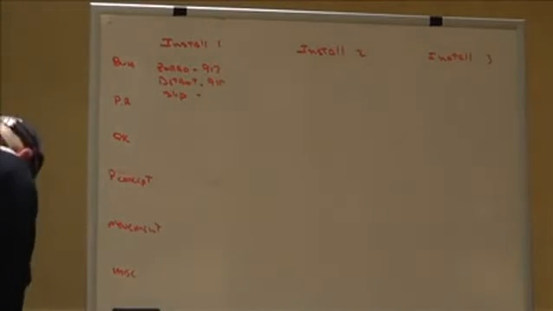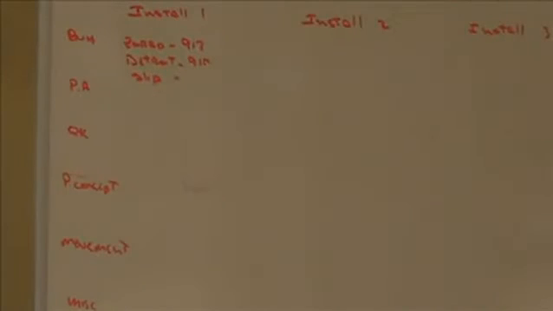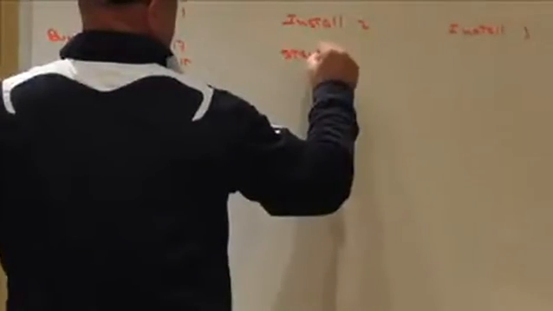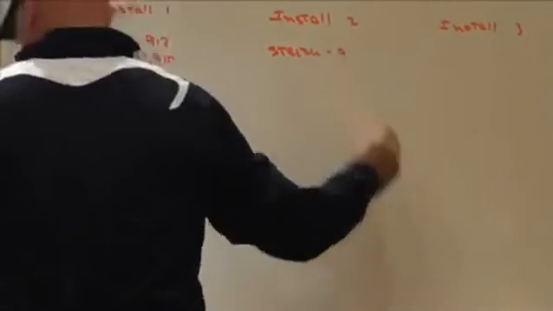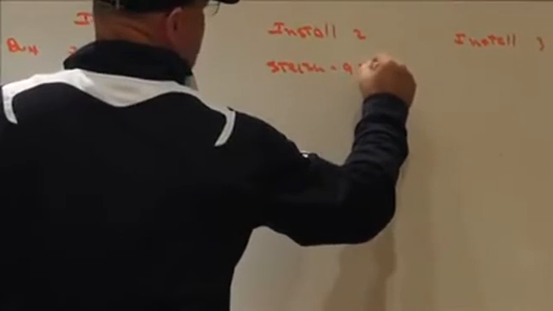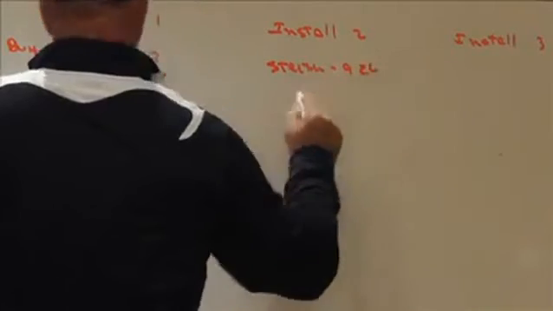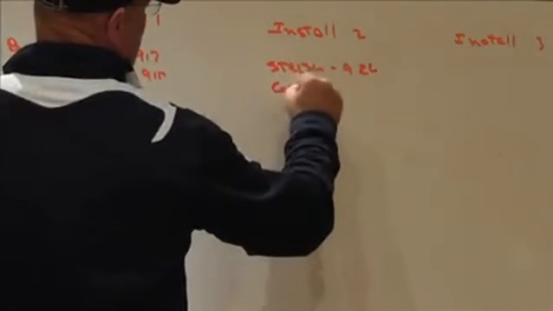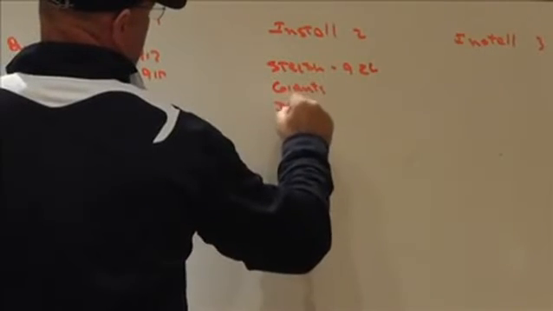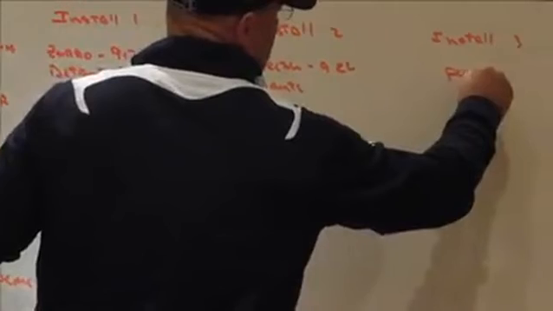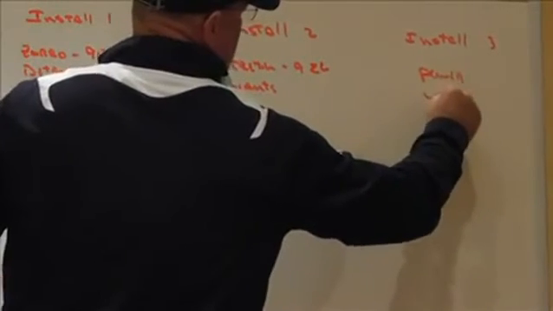The next day, install 2 was shark or stretch, which was 926. Whatever the numbers are didn't mean anything. It was my G, which was giants, and it was jet sweep. And my last one was maybe power and lead. So there were the 3 installs for runs.